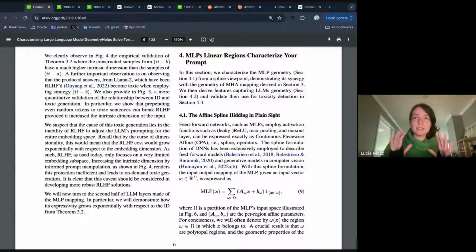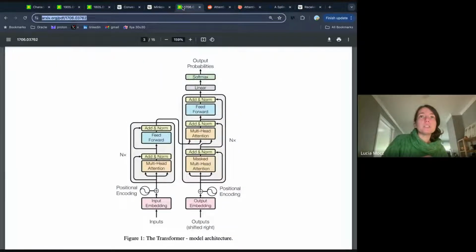I'm going to talk about this on a much higher level. This goes into some much deeper background papers. There are the 2 background papers that I put into the chat about splines, which offer a different way to formulate and think about how the feed-forward part of the LLM works. So let me jump back into Attention Is All You Need.